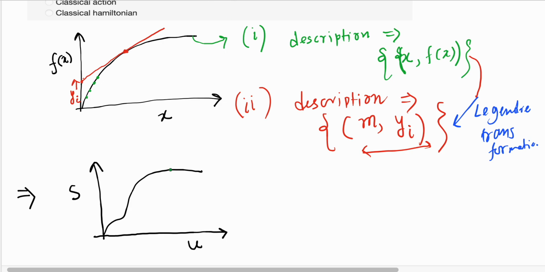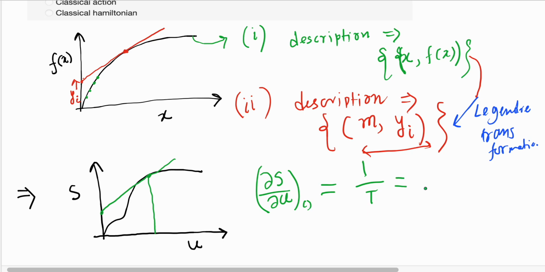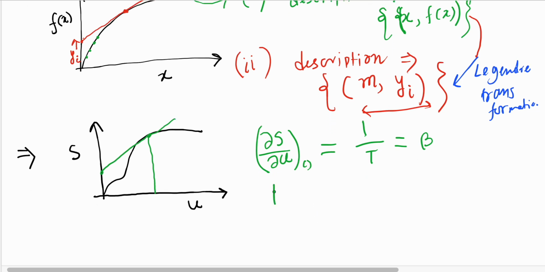Now if you draw a tangent, suppose at this point, then the inclination will be del S del U, with other macroscopic variables constant. We know that this is nothing but 1 over T, or you can say it is beta.